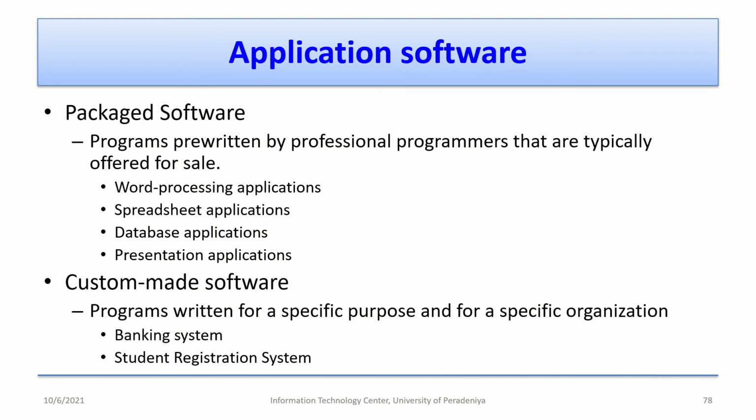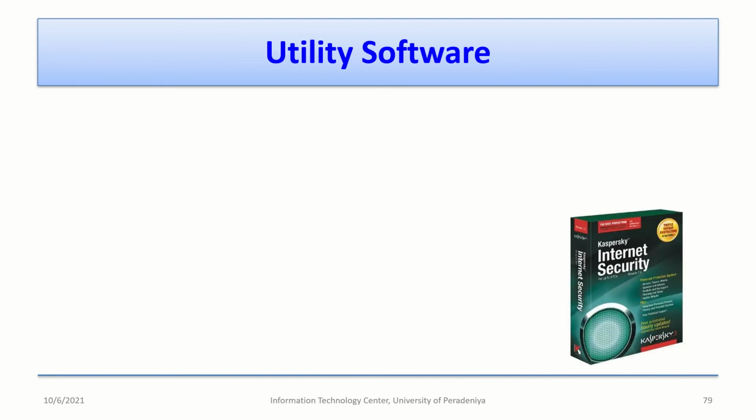It is designed and developed for specific users, right? So those types of software are called custom made software. General purpose software are called package software. Software designed and developed for specific users, we call custom made software, right? Okay, so that's about the two types of application software.